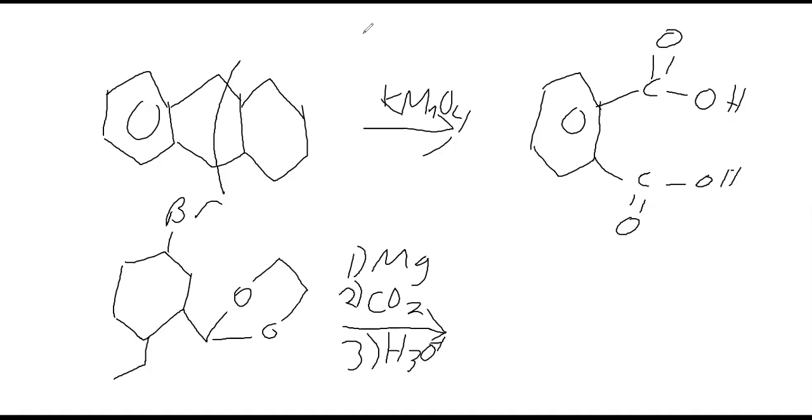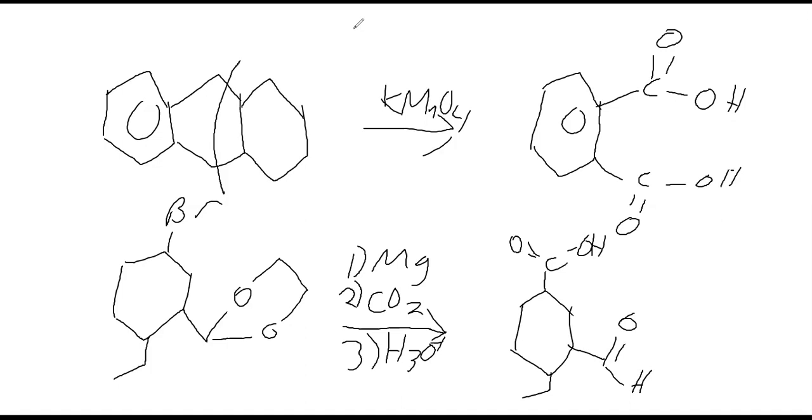It needs to be protonated, since it's going to be O minus. So we add acid, but acid is a way of deprotecting the acetal. So not only do we form the carboxylic acid that we want up here, we deprotect our aldehyde down here. That goes back to the aldehyde from the acetal. That is the byproduct.